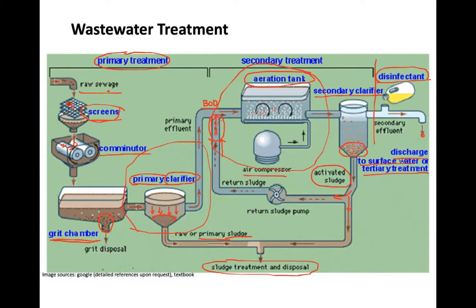Just think about it, if we send in too high a flow rate into the primary clarifier, the flow rate is so large that we don't have enough time for particles to settle down, then the primary clarifier is not effective at removing the larger particles. And in terms of the aeration tank, if we send in too little bacteria, then they may not populate themselves enough in the aeration tank.